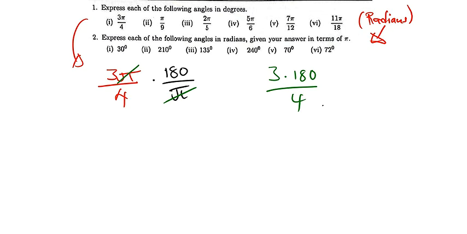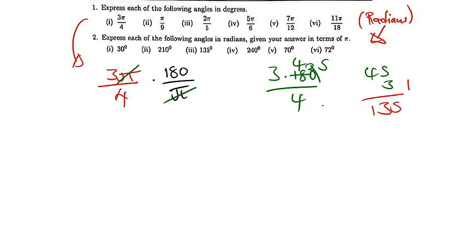At this point you can easily divide. 4 into 180 gives us 45. 4 into 18 is 4, carry 2, then 5, so 45. 45 times 3 is 135.